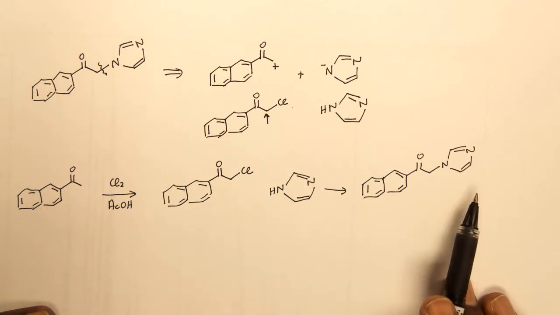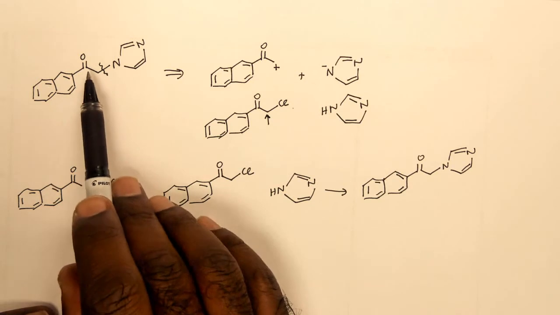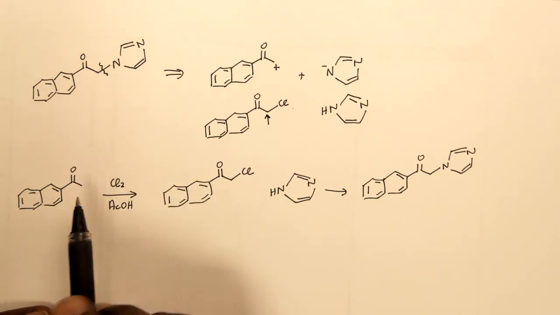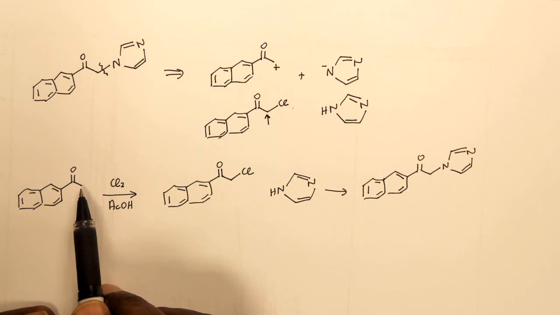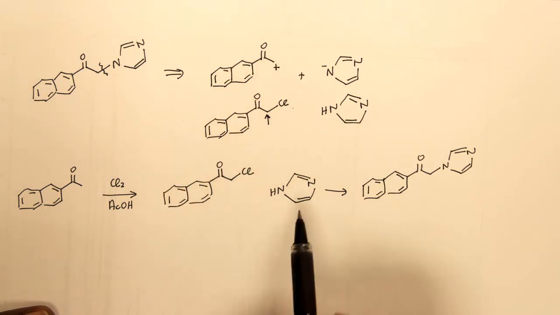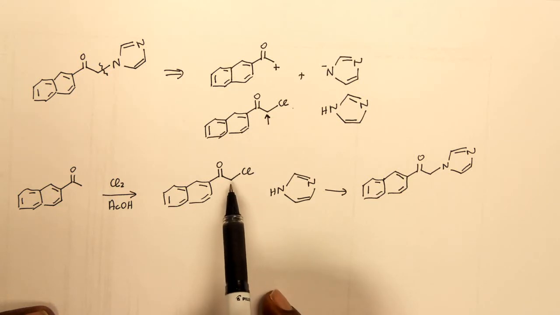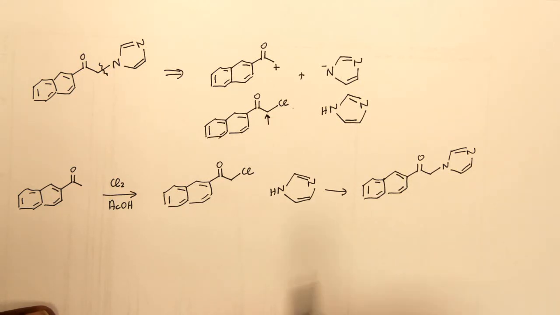I haven't lost any carbon atoms along the way. I used this carbon backbone in my first step, and all I did was activate this carbon atom so that the nucleophile, which in this case was imidazole, can attach to that electrophilic center and give us the resultant product.